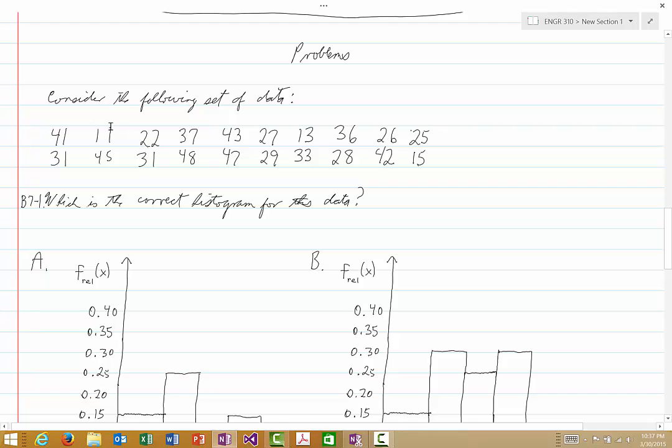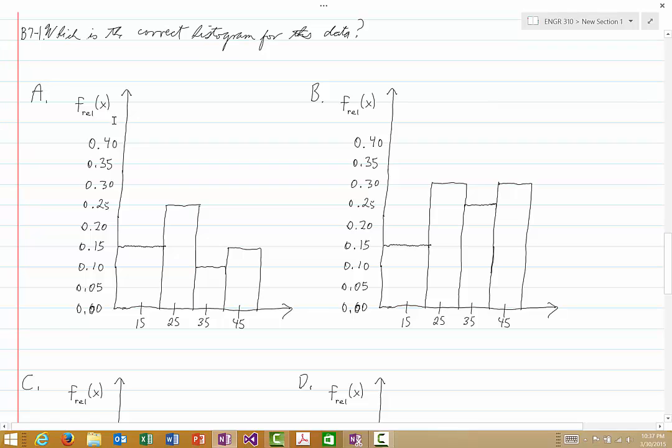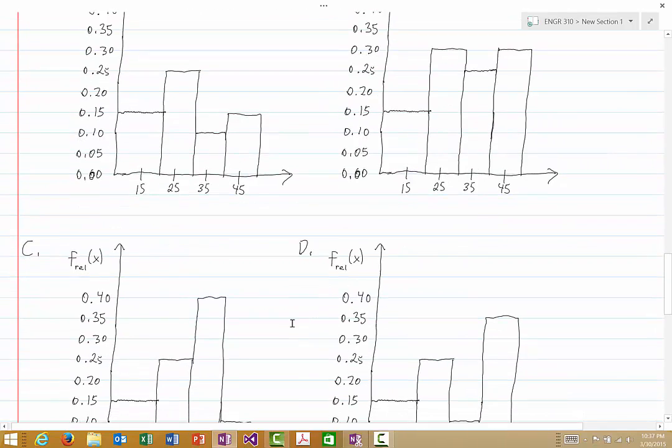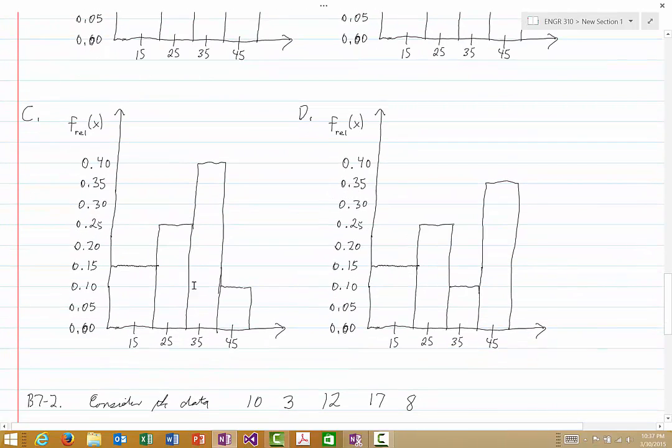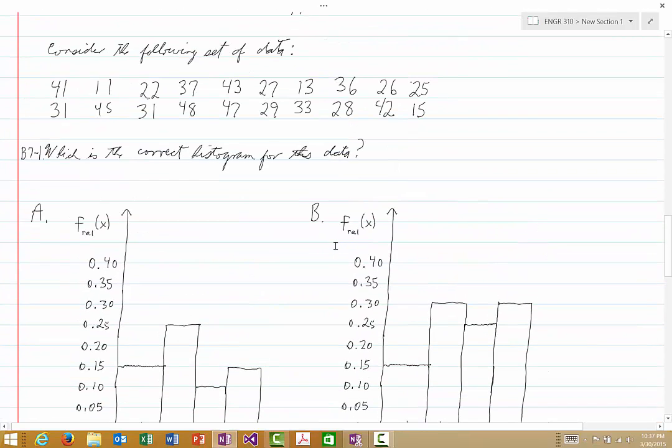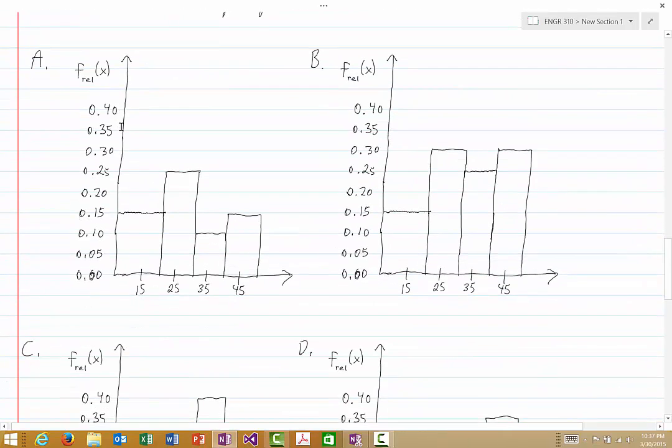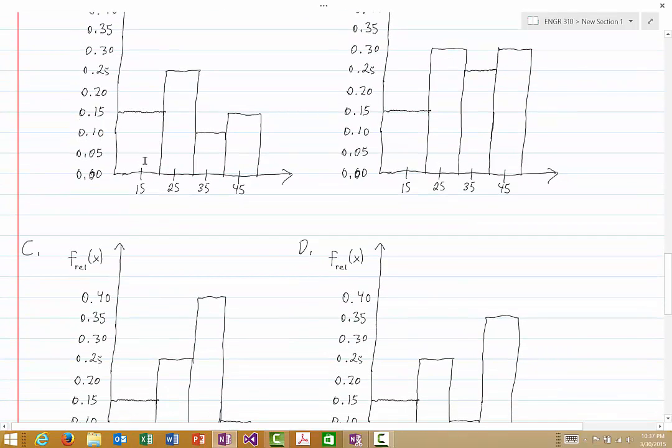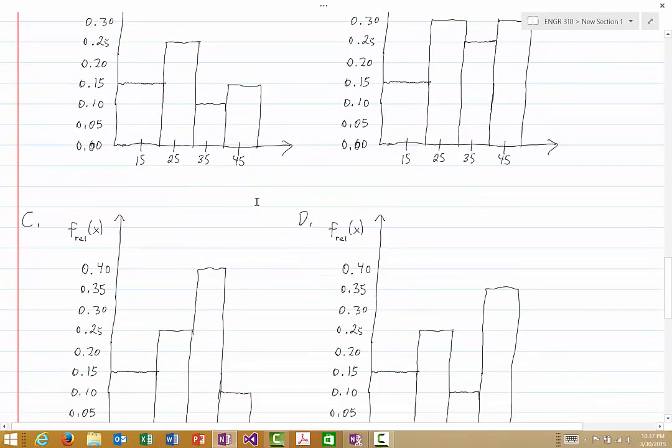You will see that there are 20 pieces of data in this set, and I ask you which is the correct histogram for this data. So here is A, here is B, and here is C, and here is D. So you just need to look at that set of data and decide which of these 4 histograms is the correct one.